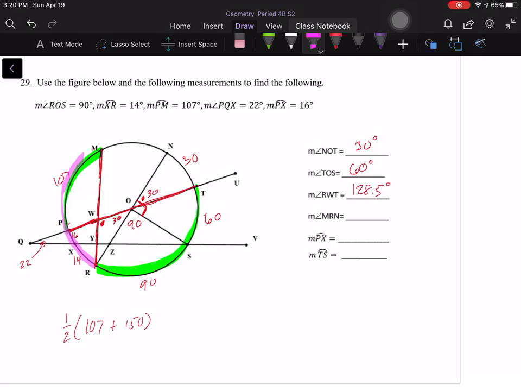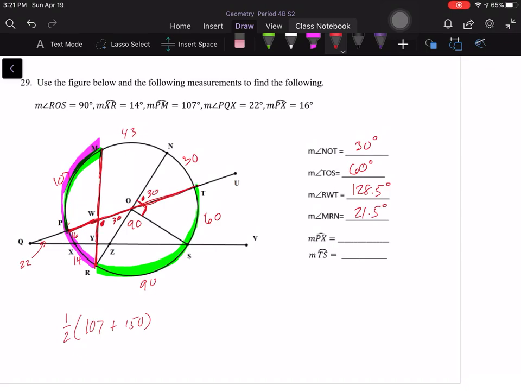So MRN, I know all of this arc measure, 14 plus 16 plus 107, so I can figure out the rest of it. So 137, take that away from 180, and that leaves me with 43 degrees. So because MRN is on the circle, all I have to do is take half of 43. So half of 43 is 21.5 degrees.